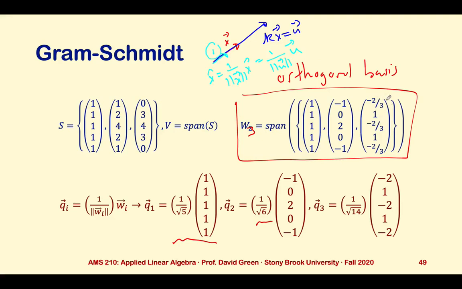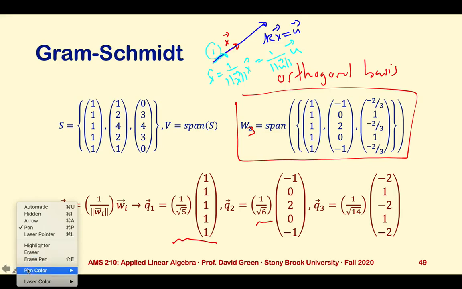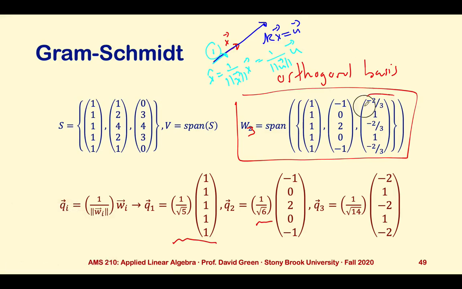So we can multiply this vector that has a bunch of fractions in it, multiply this whole thing by 3, to give us -2, 3, -2, 3, -2. Sorry, this is then wrong here also. I made a mistake here because I had a typo there.